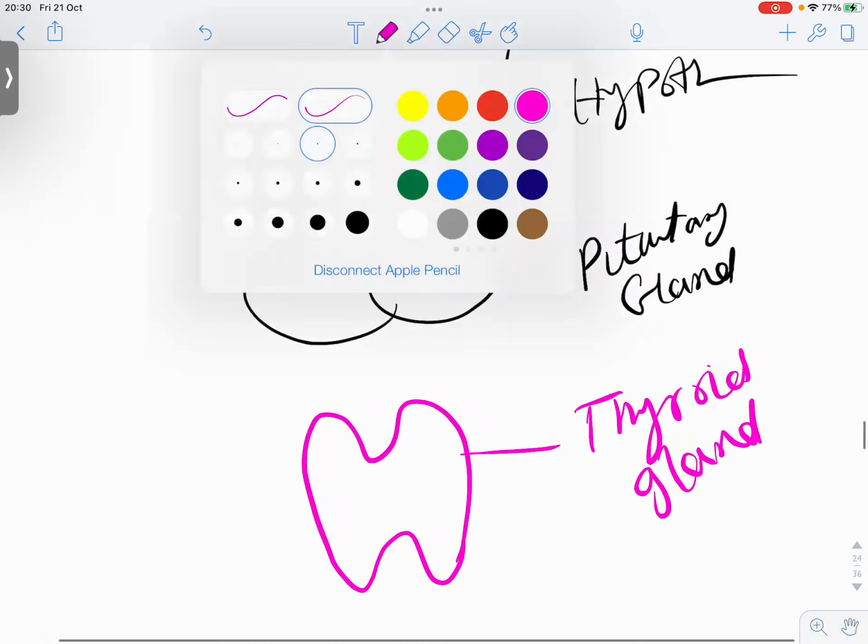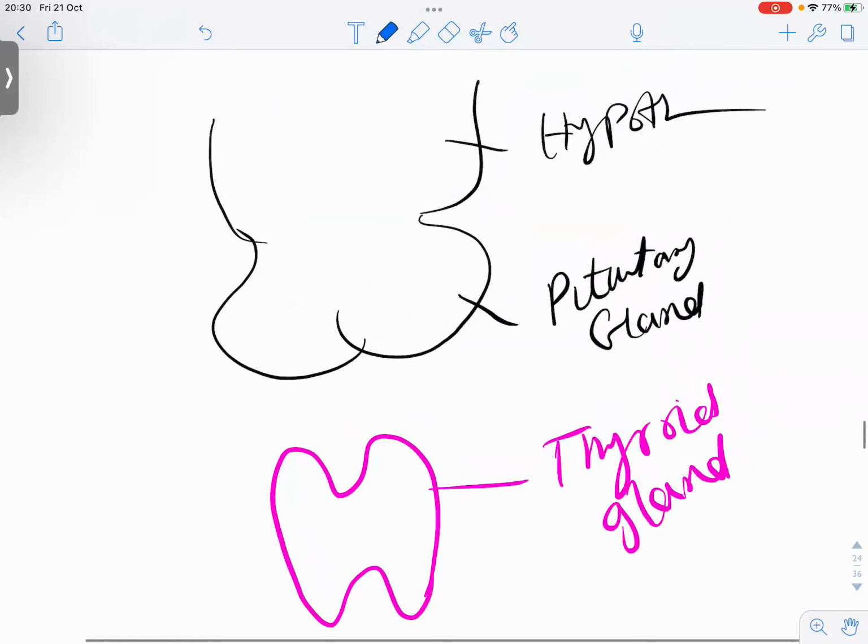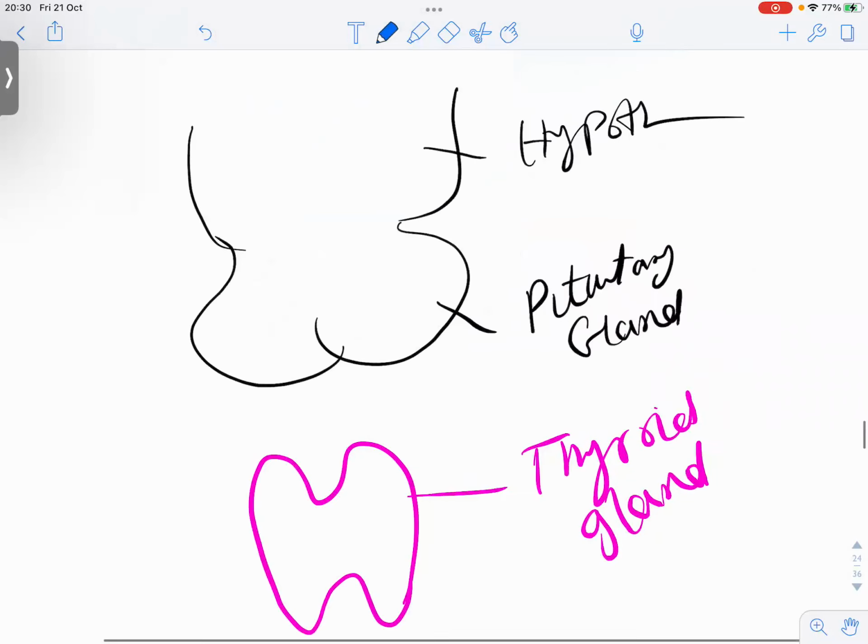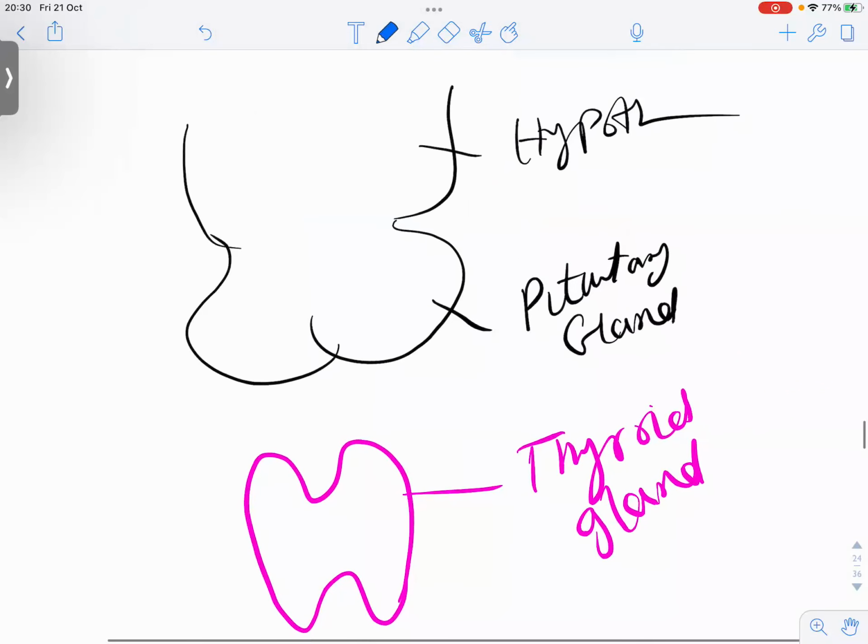We know that the hypothalamus is the master, he's the king. The thyroid gland cannot secrete its hormone without the order from the hypothalamus and pituitary gland.